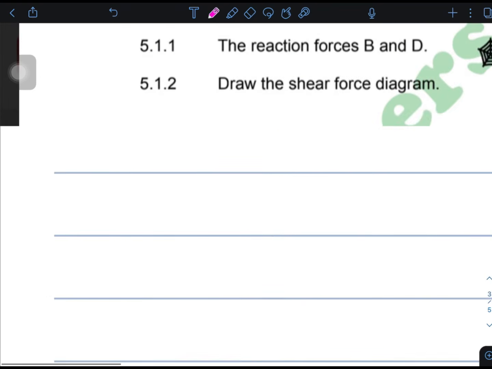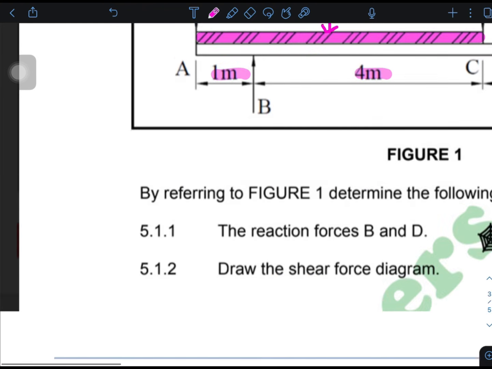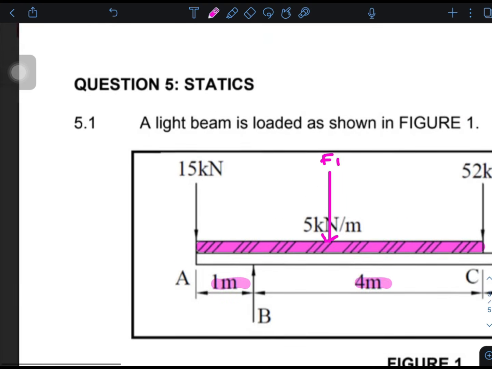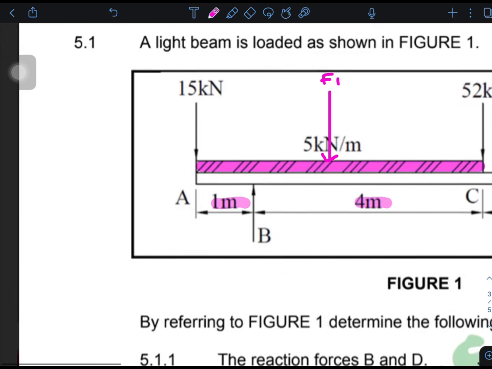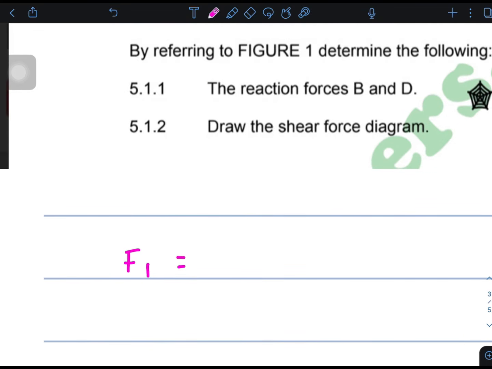Let us call it F1. F1 is given as 5 kilonewtons per meter, so as a force that's going to be 5 times 5.